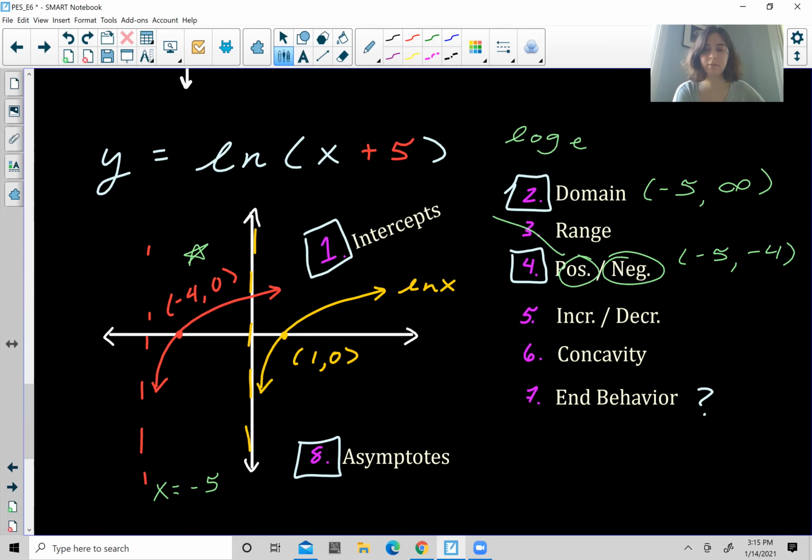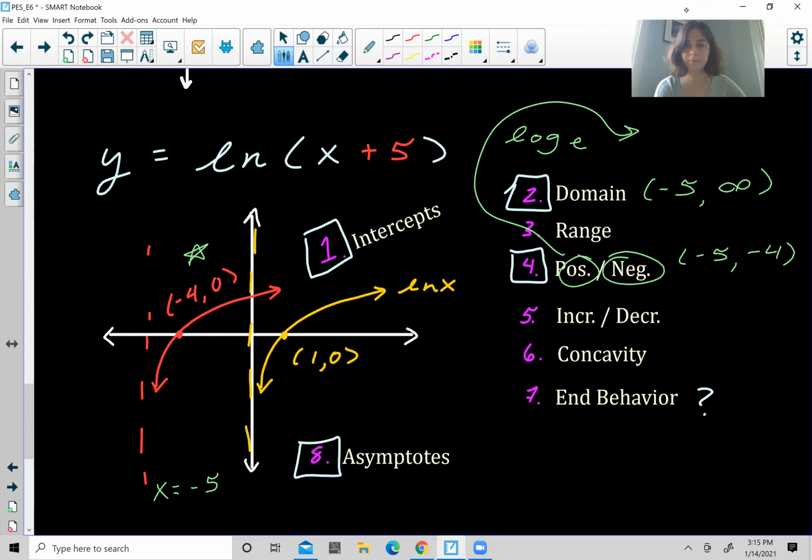And then positive, running out of room, going to do a crazy arrow. Positive everywhere else, so negative 4 to infinity. The graph is still increasing. We still have some positive slopes there. Concavity looks the same. The graph didn't really change all that much.